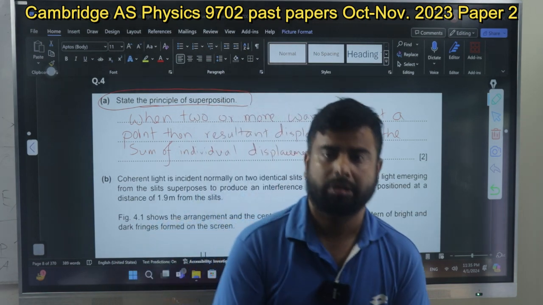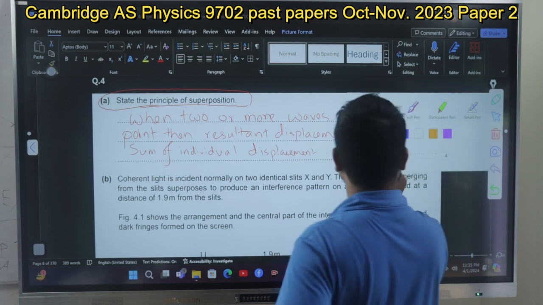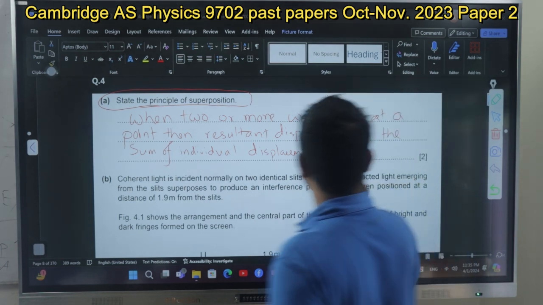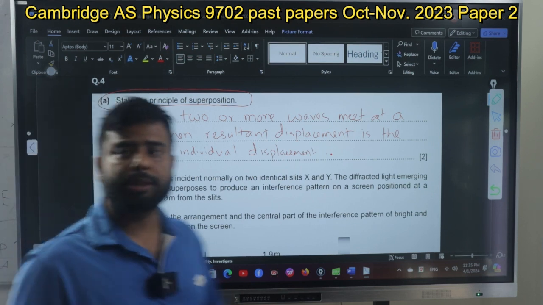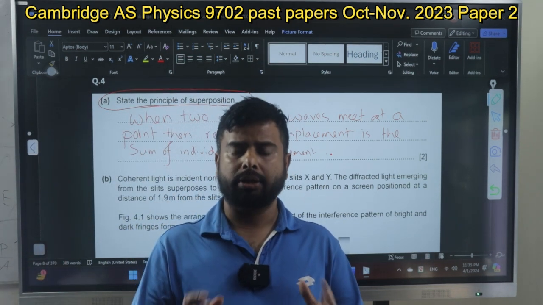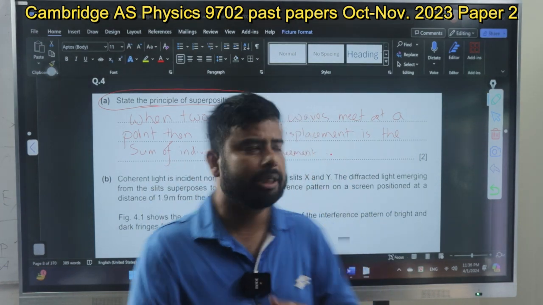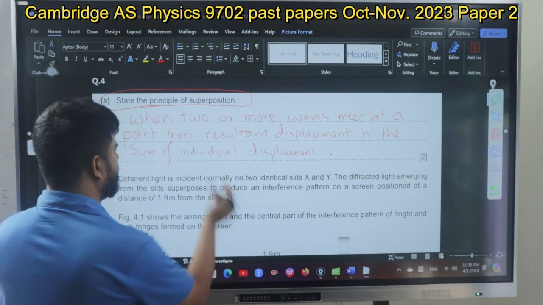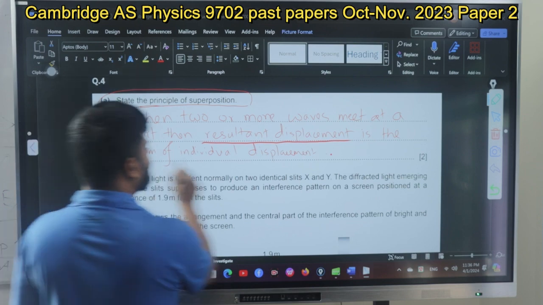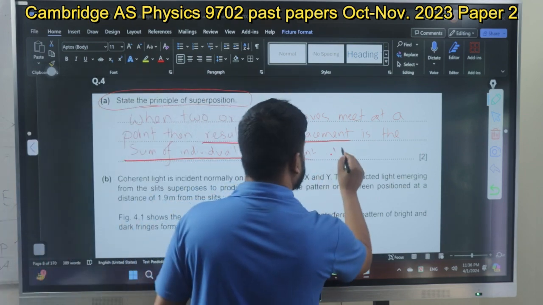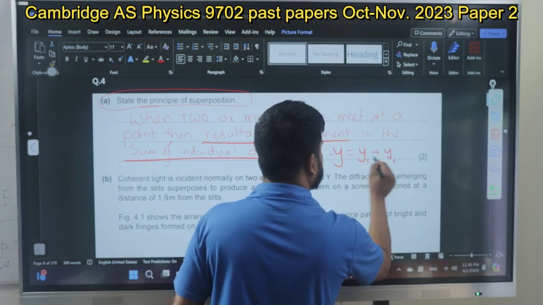So the superposition principle states that when two or more waves meet at a particular point simultaneously, then the resultant displacement will be the sum of the individual displacements. That means y equals y1 plus or minus y2.